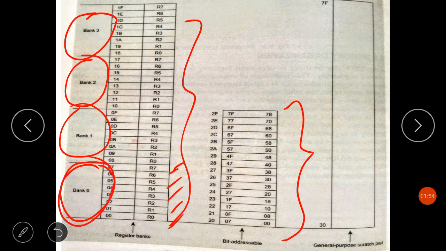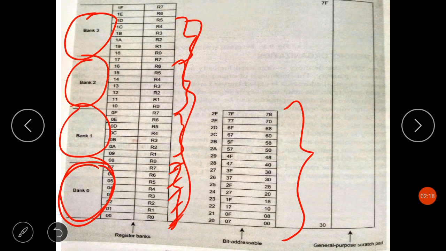As you can see, bank 0, bank 1, bank 2 and bank 3 each have 8 registers designated R0 to R7. These registers are obviously 8 bits.